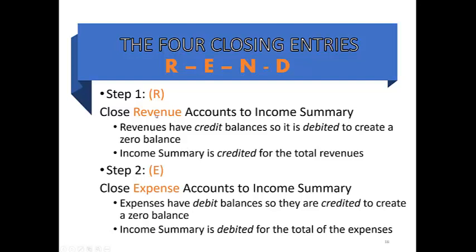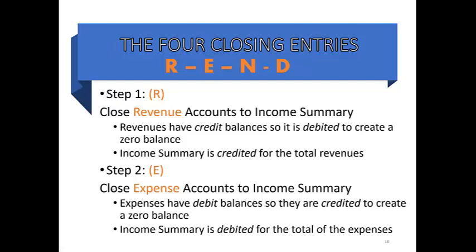Now, revenues are normal credit balances. So when you look in your general ledger, your revenue will have a credit. In order to close that, we have to debit it for its balance, and that'll bring it to 0. If we debit revenues, we need to have an offsetting credit, and that is our income summary account.